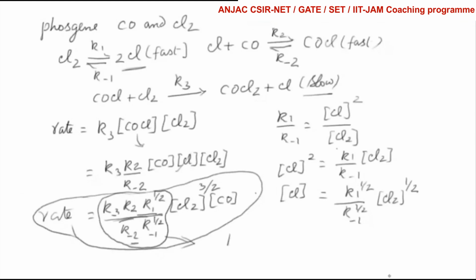Now, anybody tell me what is the overall activation energy for this complex reaction, the phosgene reaction? E overall is equal to, tell me the answer.